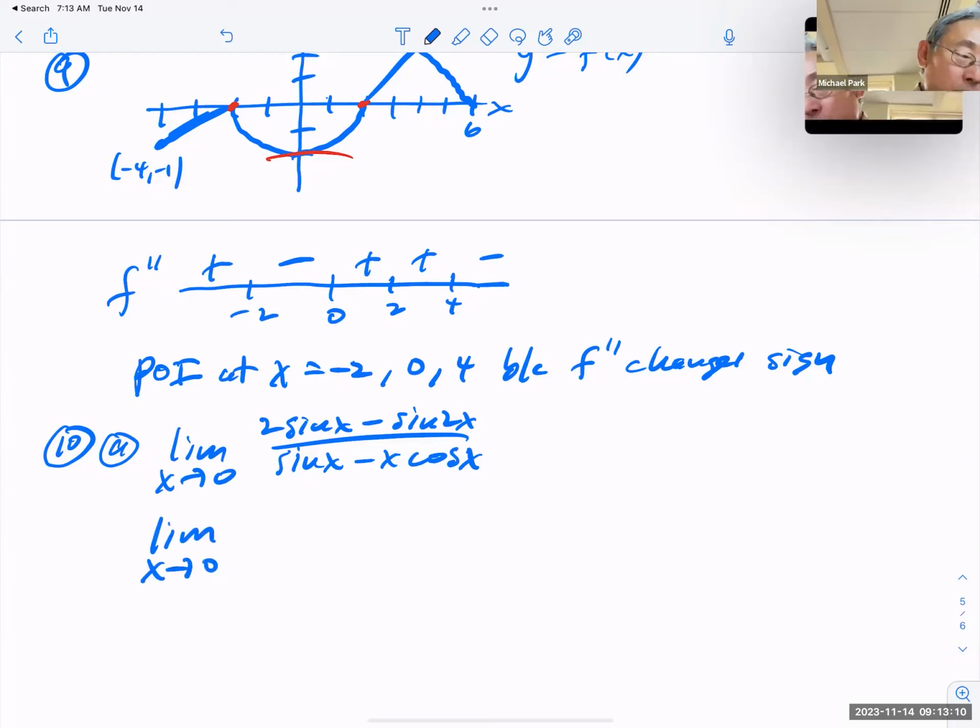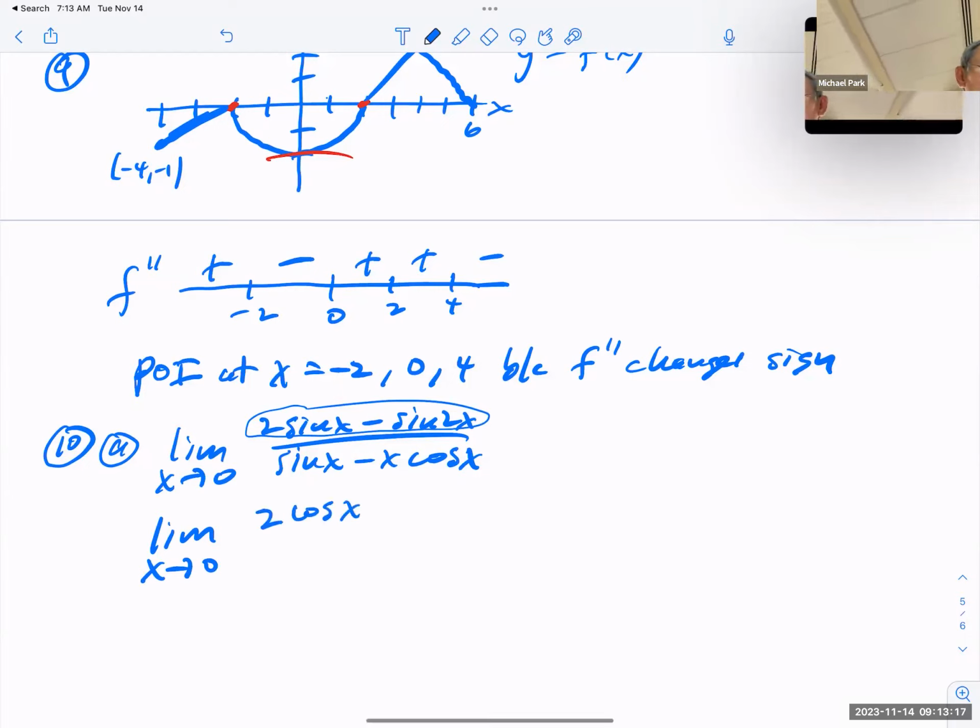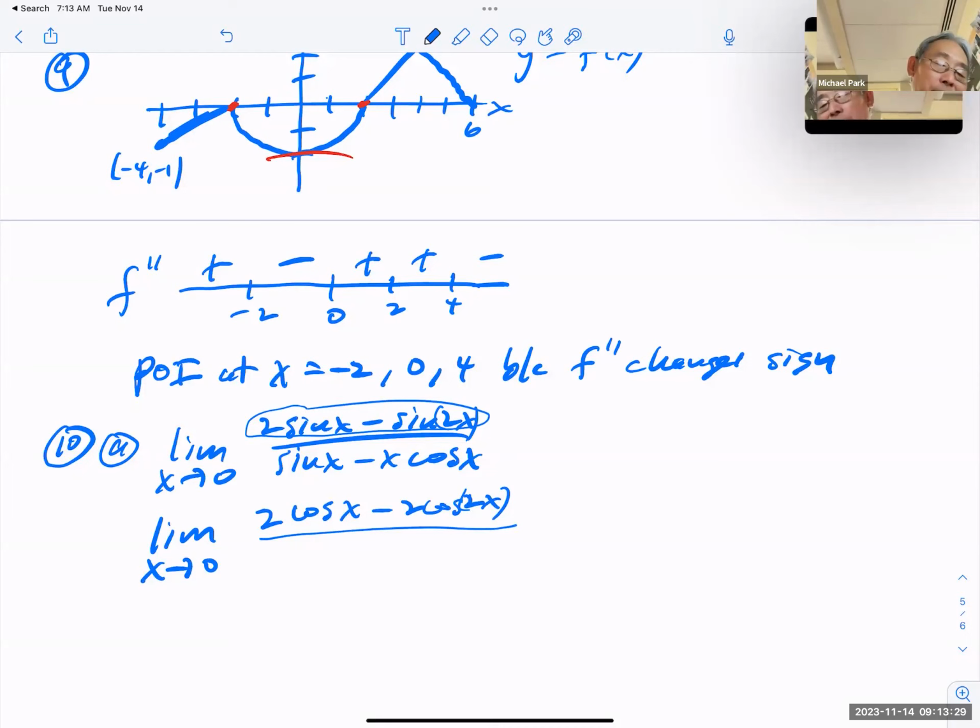So L'Hopital's rule says, take the derivative of the top. That would be 2 cosine X minus cosine 2X times 2, because the derivative of the inside is 2. If you don't put that 2 there, it's all over but the crying. Now, take the derivative of the bottom.